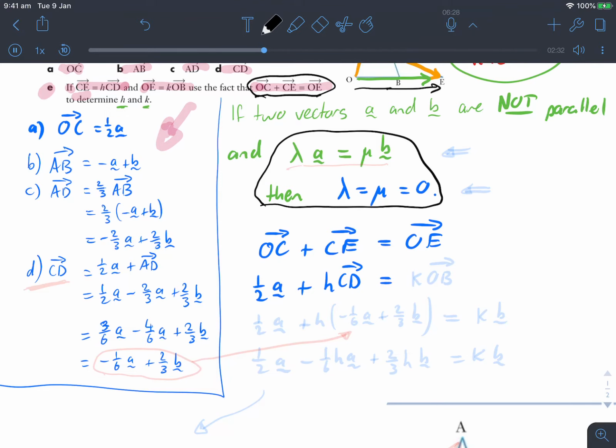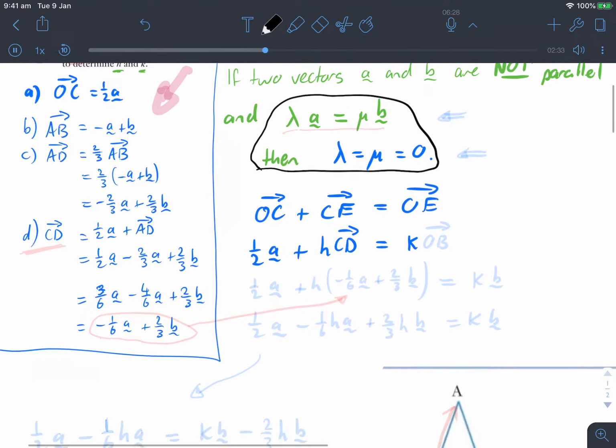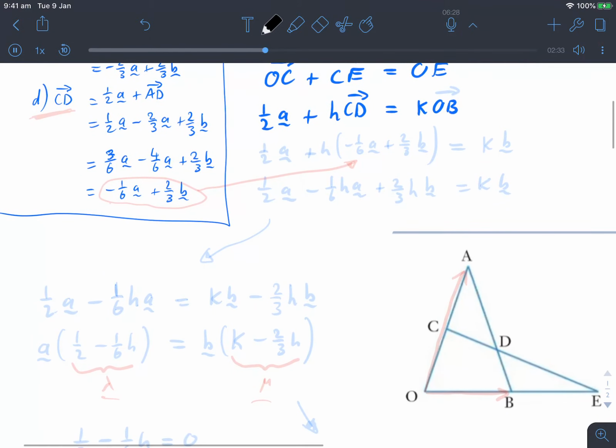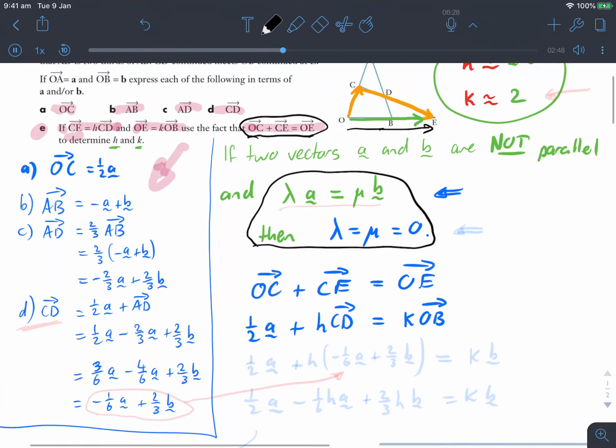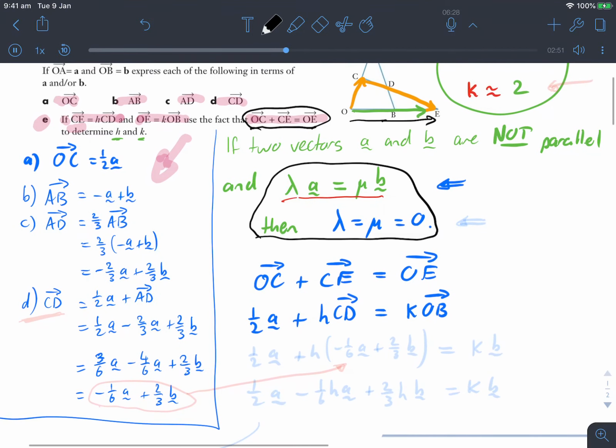OE is defined as K, some scalar multiple, times vector OB. The whole idea here is we want to get this whole equation in terms of the vectors A and B, and then generate an expression that looks like the one up here, so that we can use this fact to solve for the unknowns H and K.